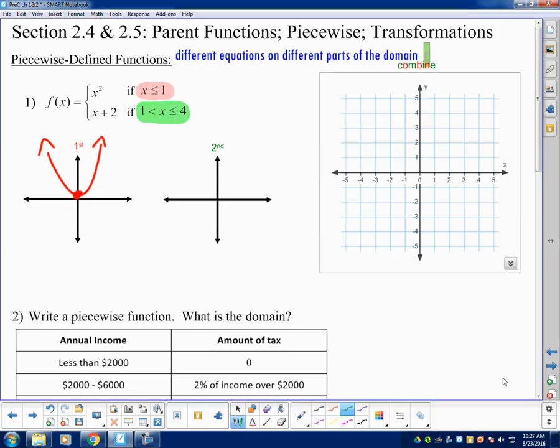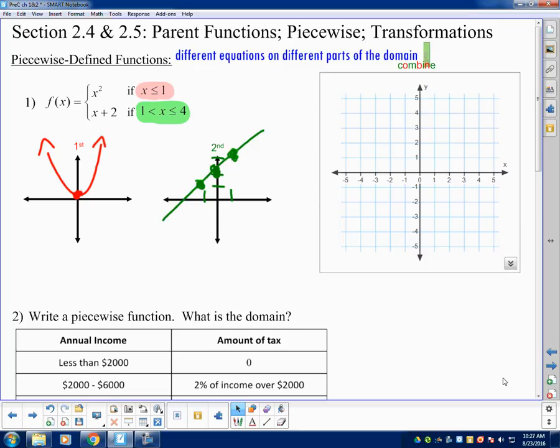That would be a linear function going through a y-intercept of 2 and having a slope of 1. So if we're to go over 1 and up 1, or down 1 and left 1, I could draw in that line. So those are my two functions. One is quadratic, one is linear. And we're going to combine those two together using the restrictions.